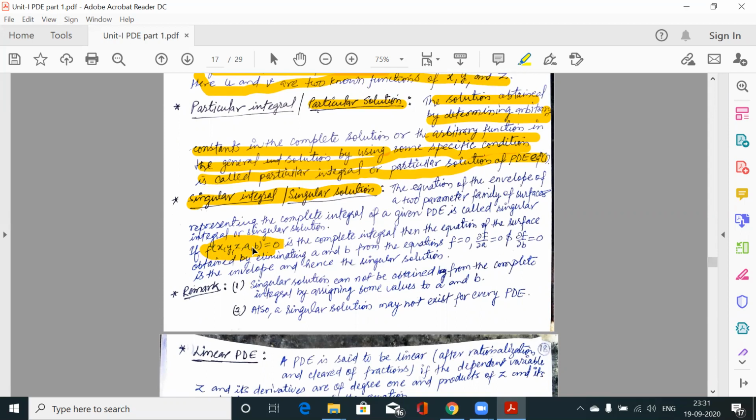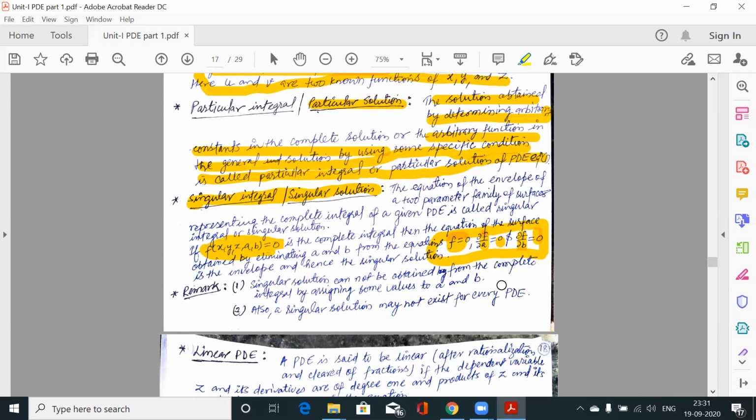The arbitrary constants are a and b. So we have three equations: F is equal to 0, the family of surfaces; the differentiation of that family with respect to a is equal to 0; and the differentiation of that family with respect to the second arbitrary constant is equal to 0. Anyhow, we have to find a curve or an equation by eliminating a and b from these three equations.